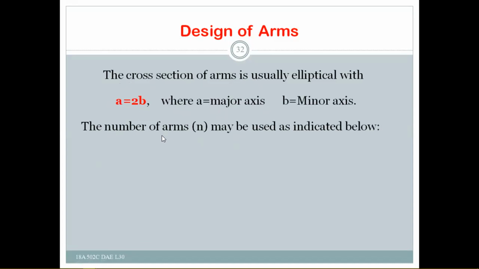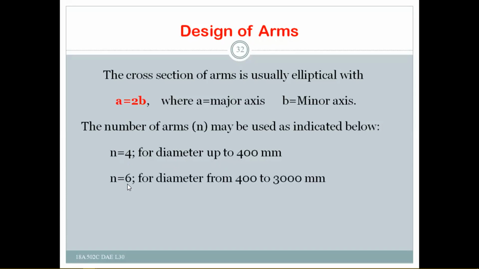And the number of arms may be used as indicated below. Here n, the number of arms, is equal to 4 for a diameter up to 400 mm. That means if the rim diameter is 400 mm, then the number of arms is 4. And n is equal to 6 for diameter from 400 to 3000 millimeters.